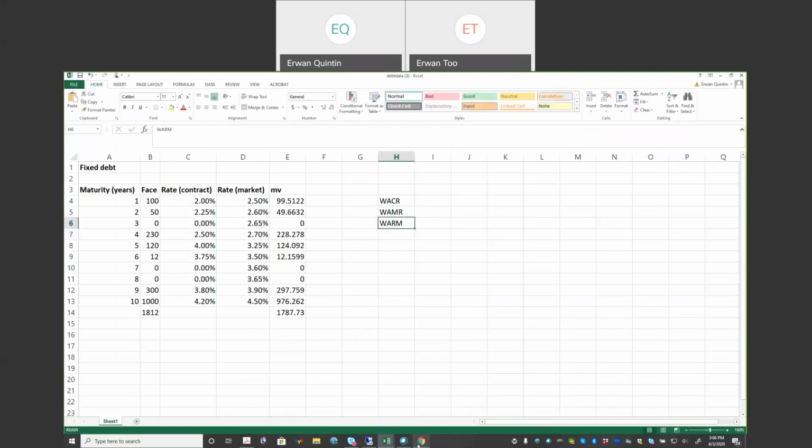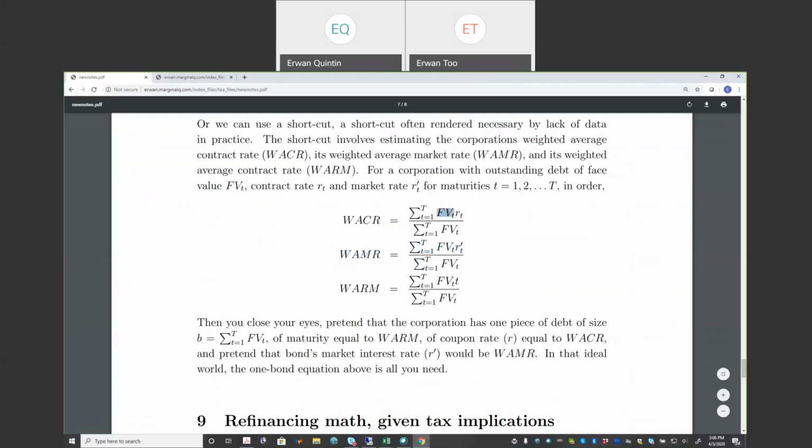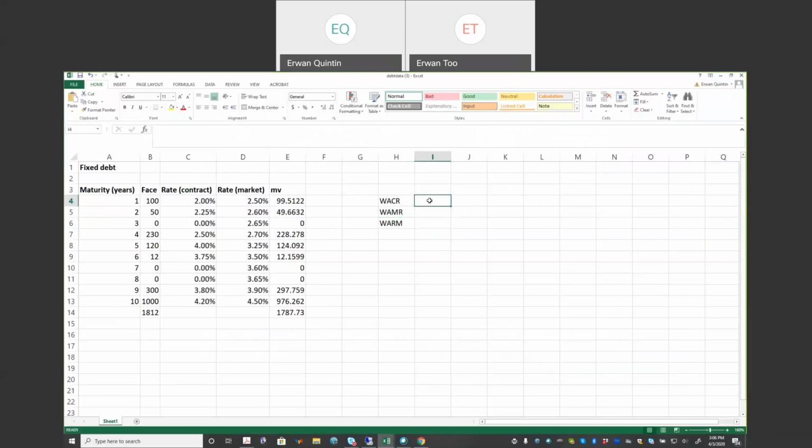So taking another quick look at those formulas, what I see here is that this is the sum of the product of every face value and every interest rate. Well, in Excel, that's what we call a sum product. And thankfully, we are sum product specialists, so we know how to do this. So you want to do sum product of all the face values, comma, all the contract rates.